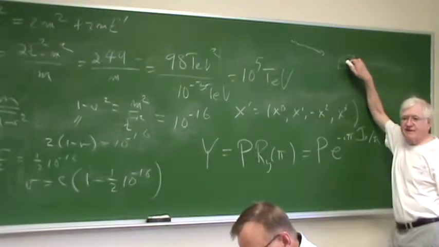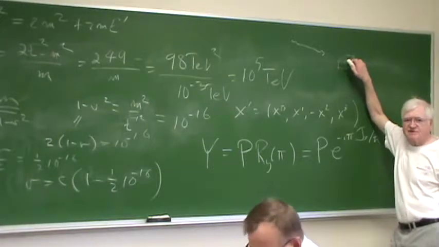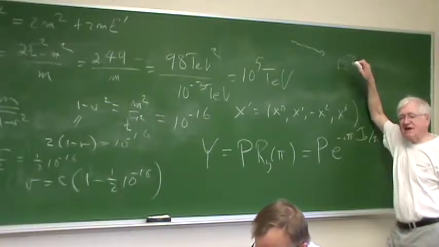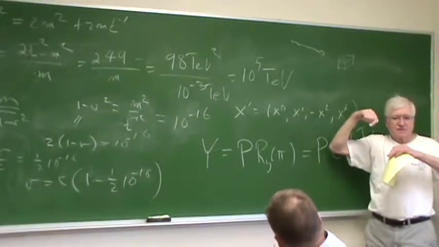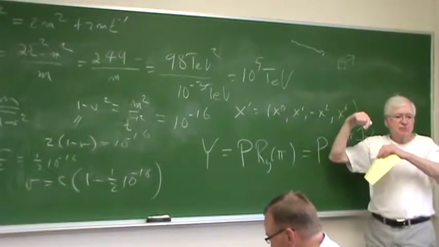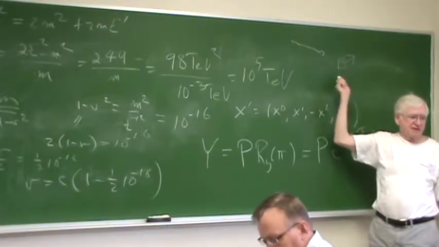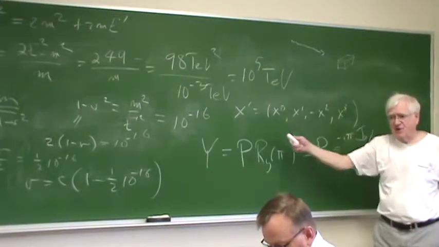So it might have been lithium or boron or some light element. Why light? Because a light element has electrons that are bound by eV rather than keV. And this thing was keV, and so we wanted to be able to consider the electrons as free.